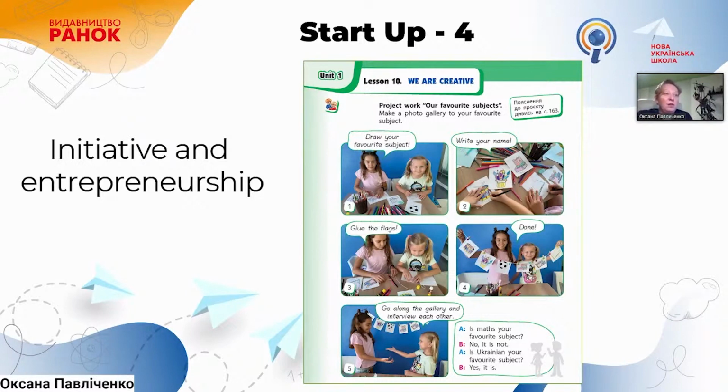They just look at the photos and do the same, or maybe they will choose another way and prepare another type of project, maybe not with pictures, but they can take photos with the help of their mobile phones and make some posters, for example. It will also be very interesting.